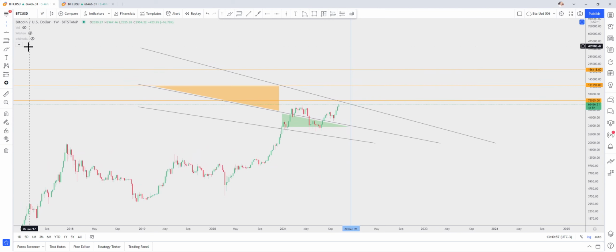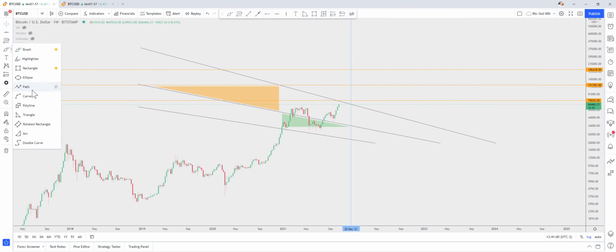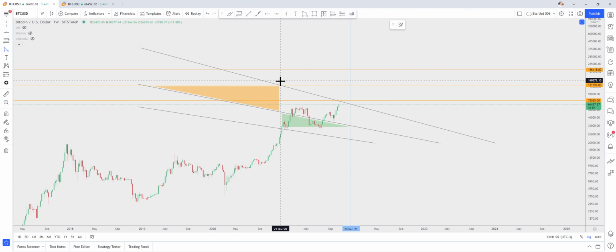Because this range is what, sir? Please tell us. Oh, perfect. Oh, straight lines. I love it.